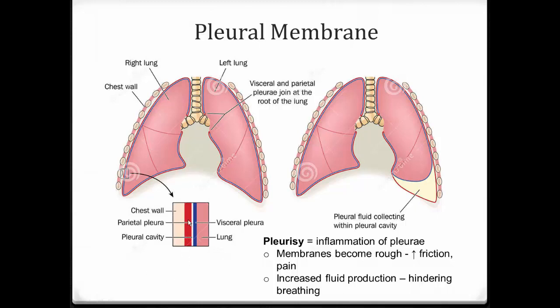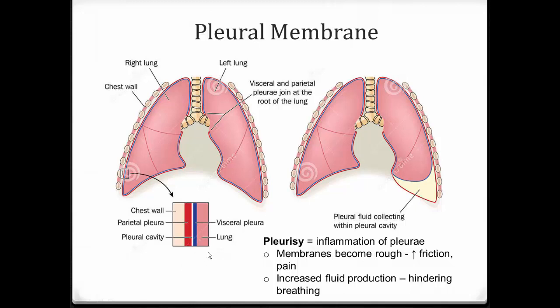So you can see here the parietal pleura is glued to the wall of the chest. So over here, we took this picture and blew it up. The parietal pleura would cover the inside wall of the thoracic cavity. And then the visceral pleura is the layer that covers the lungs itself. And in between the two, of course, would be the pleural cavity.